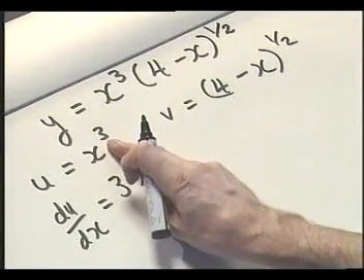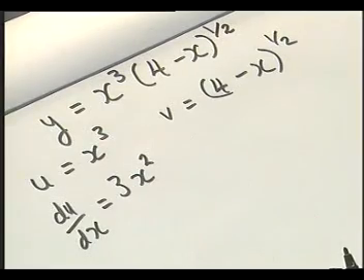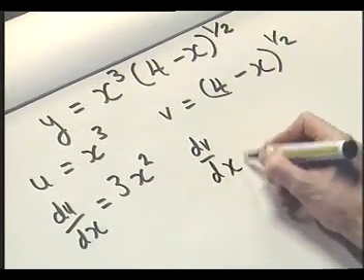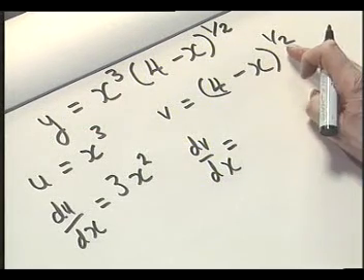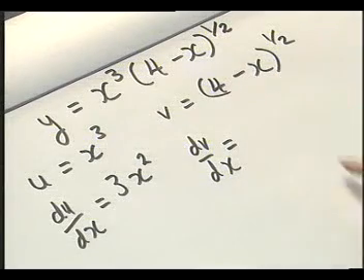Remember, multiply by the index and take one off it, so that gives us a 3x squared. dv by dx, this one's going to be a little bit different. We've got a half there, and we've got a minus x in there.